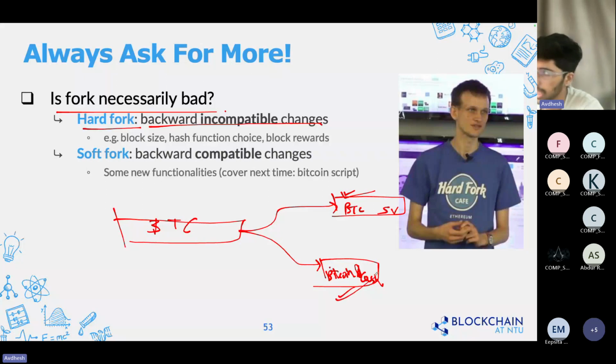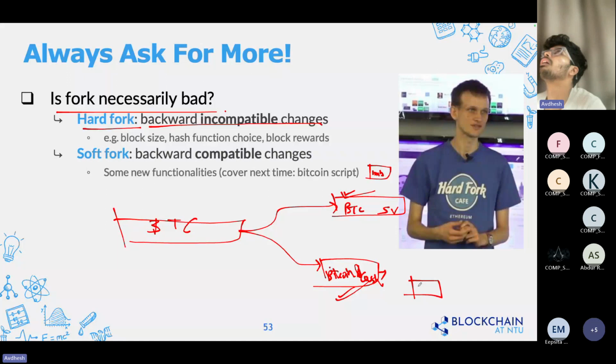The main difference is that the original block size was 1 MB, but for Bitcoin Cash they wanted to increase the scalability of the blockchain itself, so their block size was around, I think, 3 MB or 10 MB. I'm not sure about the number, but it was higher than 1 MB.